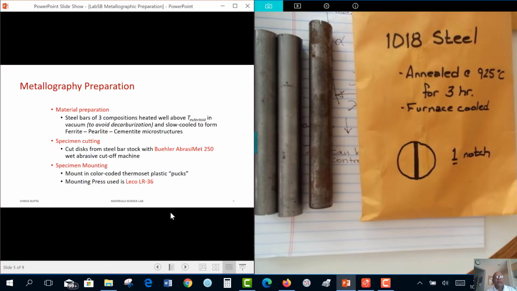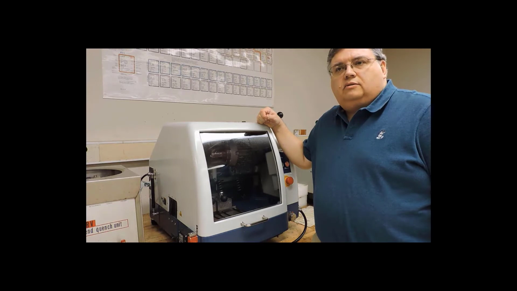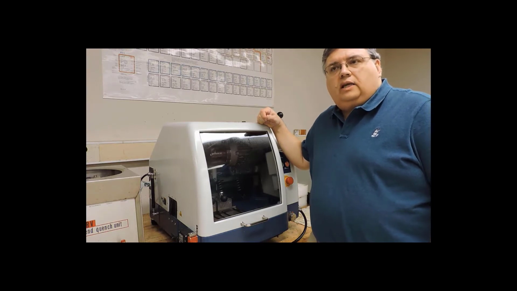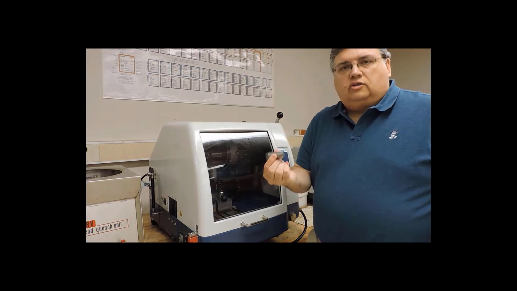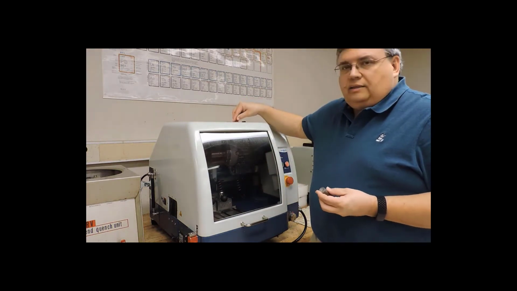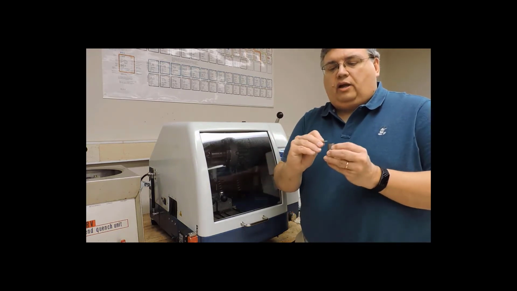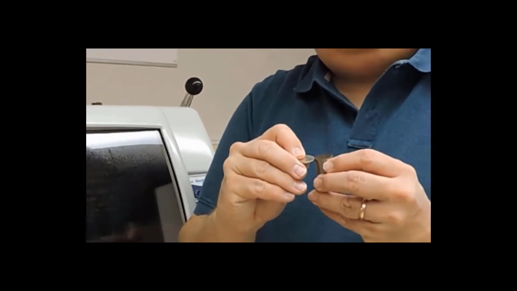So let's start with cutting this heat treated piece. This is our abrasive cutoff machine for cutting the discs off of the bar stock that we need to make our specimens. Here's an example of one of the bars, and we want to ideally cut a piece of bar stock the thickness of a nickel off of this bar.